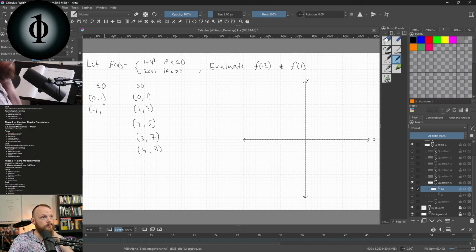-1. -1 squared, 1, 1 minus 1, 0. -2 squared, 4, so -3. It's really just the inverse. -3 squared, -8. -4 squared, -15. Right? Yes. All right.